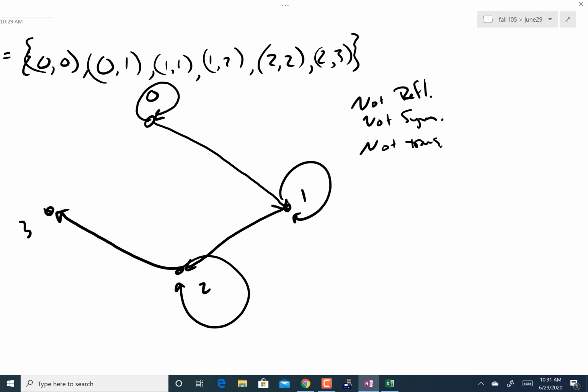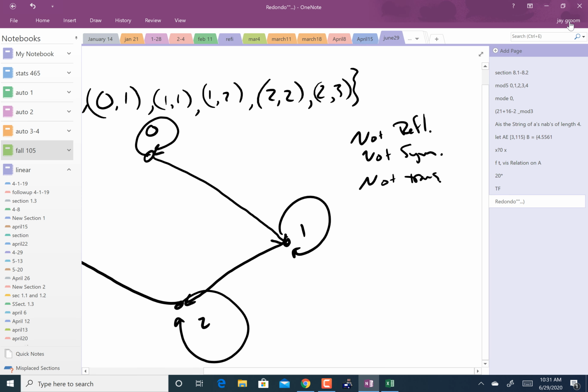So that's what you're going to be on the lookout for when you're doing some of those problems. Are they symmetric? Yes or no? Draw them out. Okay? Here's a fun one here. E is the congruence mod 2 on Z. Now, if you've forgotten, Z is the integers.